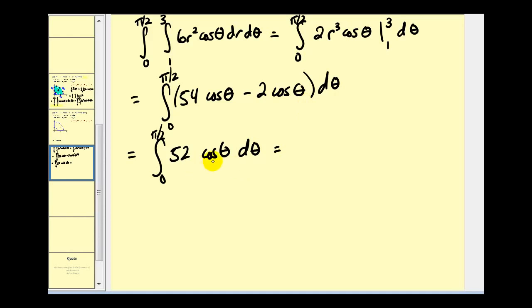And the antiderivative of cosine theta is sine theta, so we'll have 52 sine theta. And the sine of pi over 2 is equal to 1, and the sine of 0 is equal to 0, so we have a value of 52.